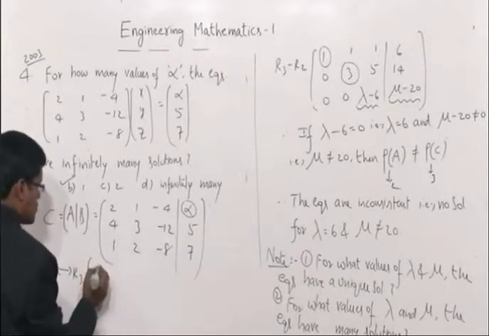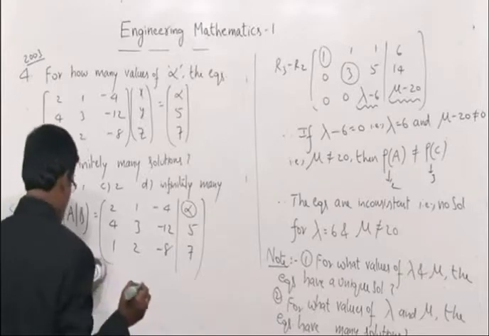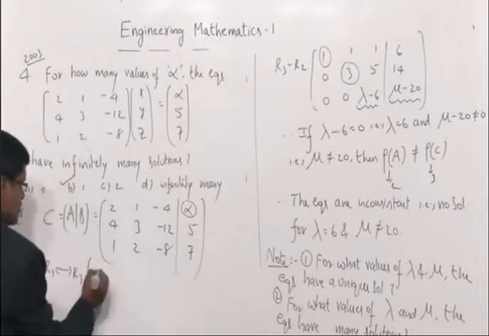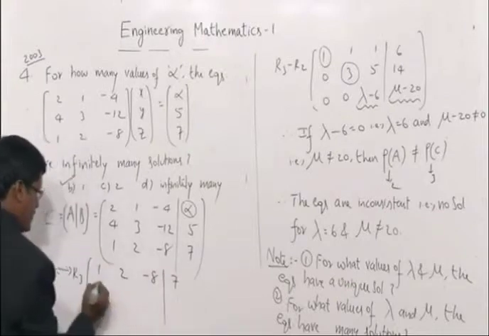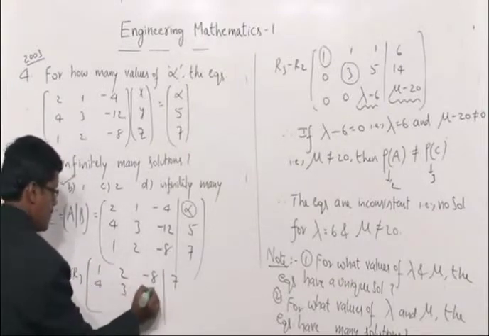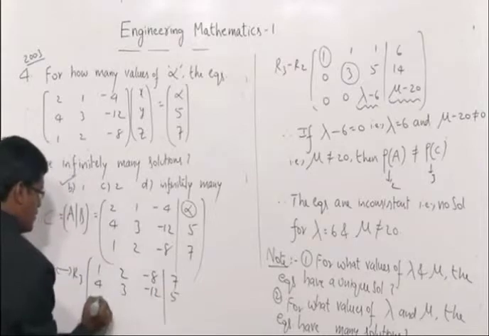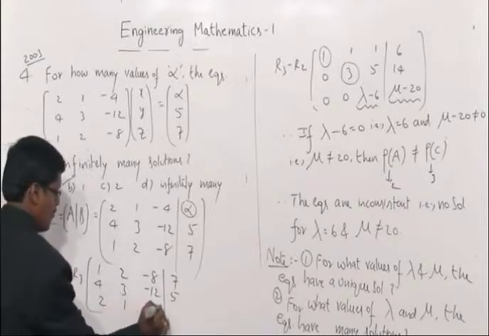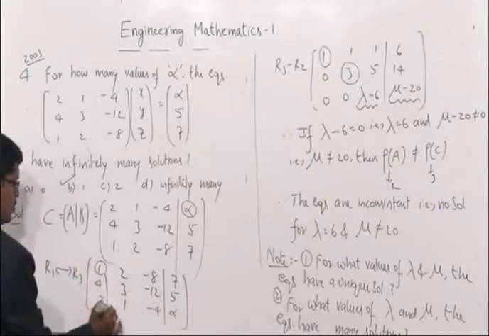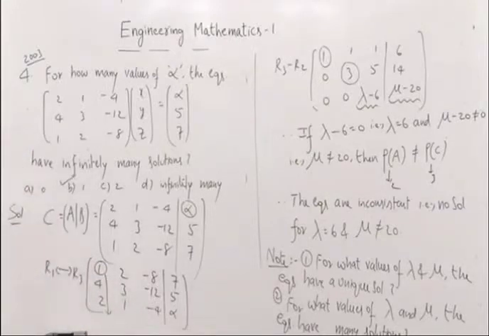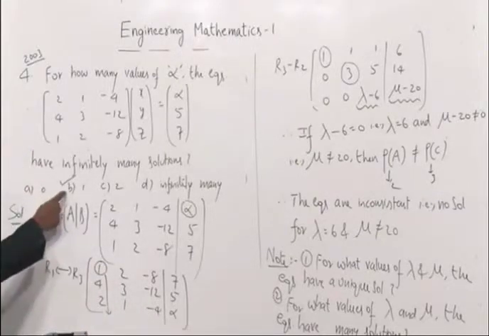The problem becomes complicated. With this step, the matrix changes to 1, 2, minus 8, 7; 4, 3, minus 12, 5; 2, 1, minus 4, alpha. Now circle this element. You know how to make elements zero from the previous problems. Later you do it. The answer I gave is for one value of alpha.